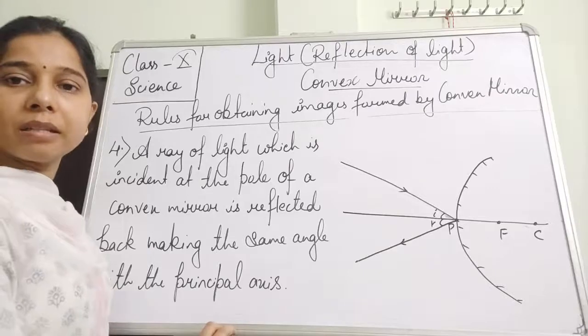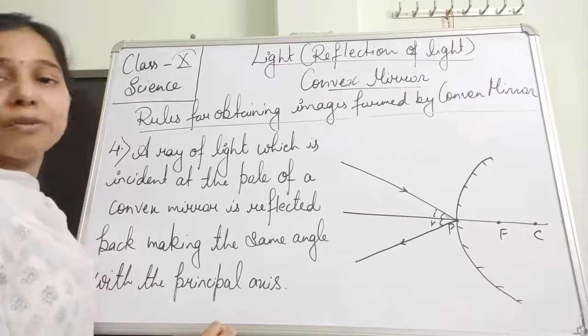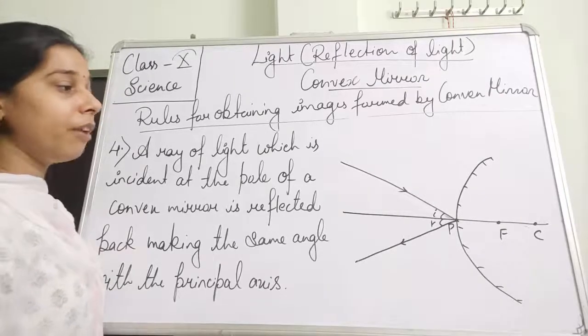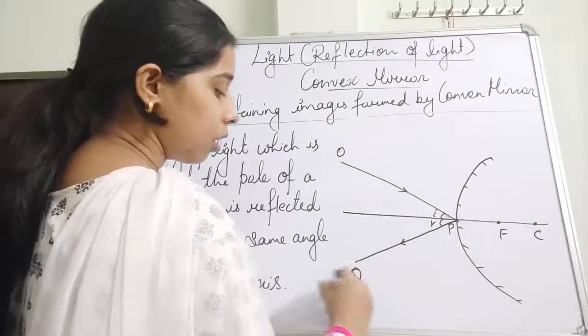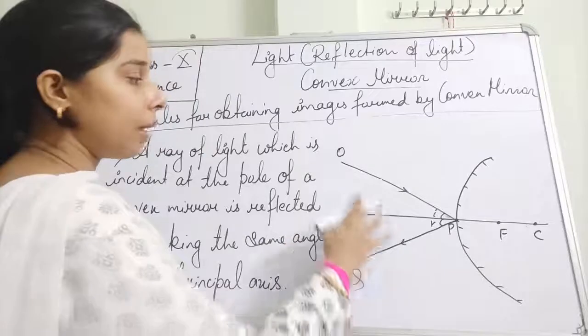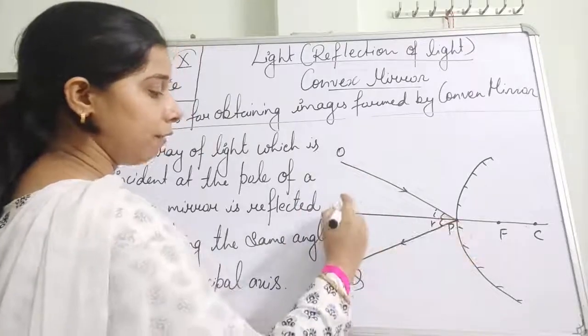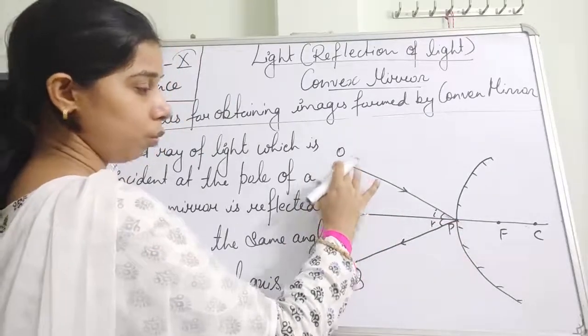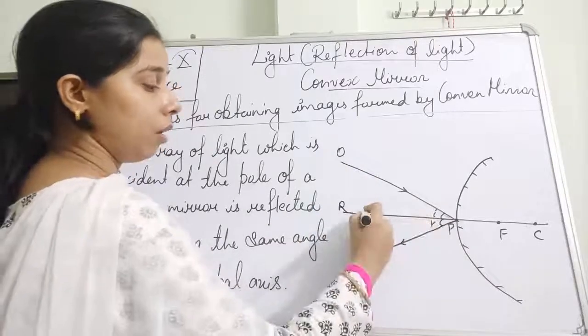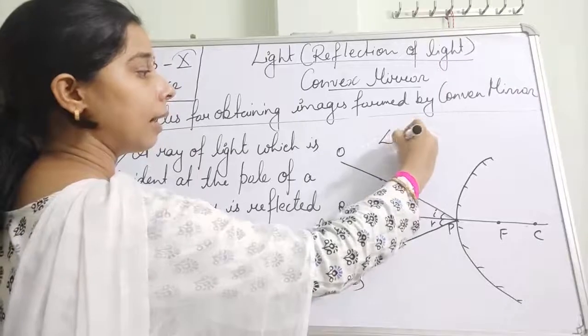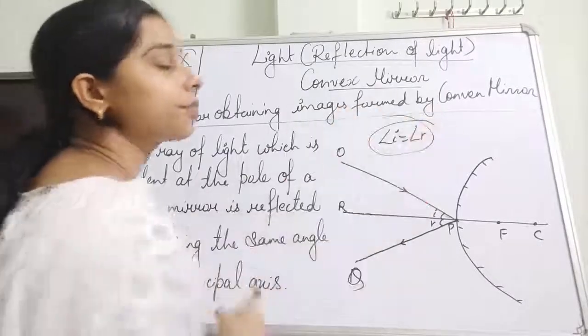Although there the reflecting surface was different, the rule was the same. So if OP is the incident ray, and PQ the reflected ray, and if this is R, students, the angle OPR will be equal to the angle QPR. So we can say that angle i is equal to angle r.